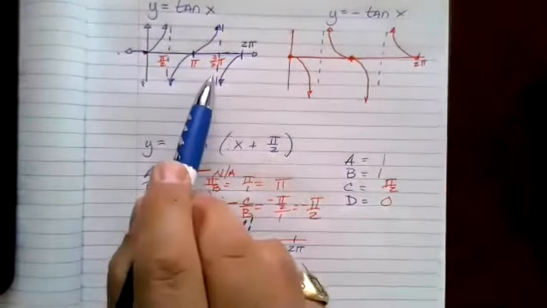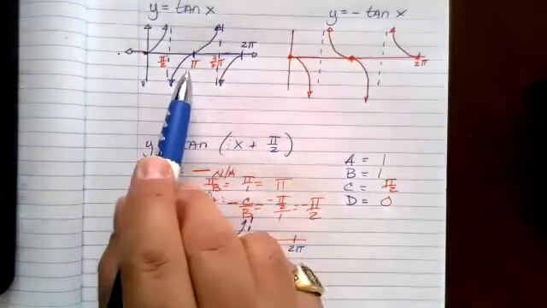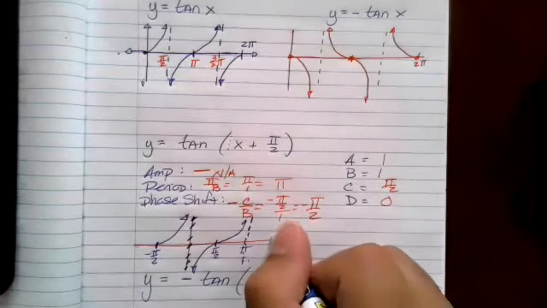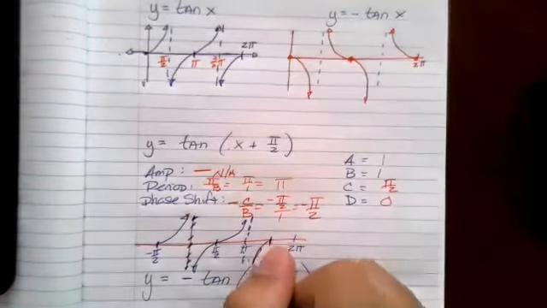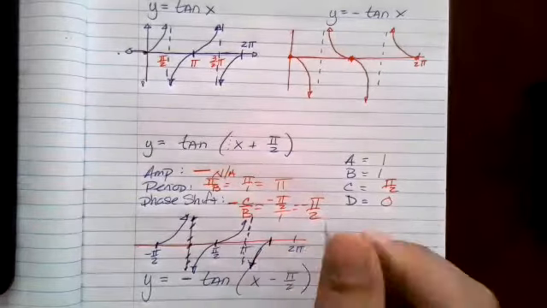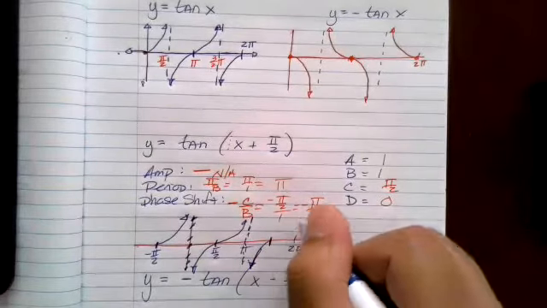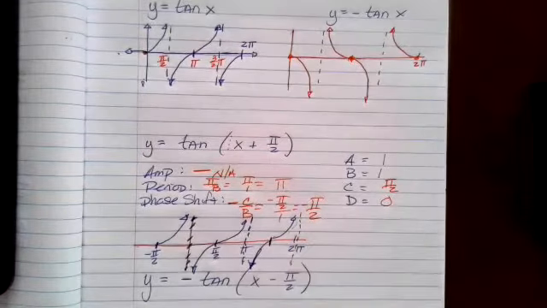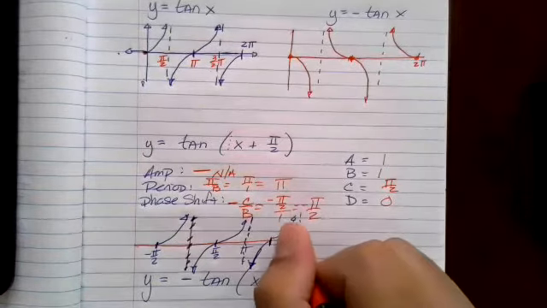It was once at 3/2 pi, or pi and a half. It's going to move over half a pi. And now this will be here. And actually, I'm going to have an asymptote here. But this we don't have to show.